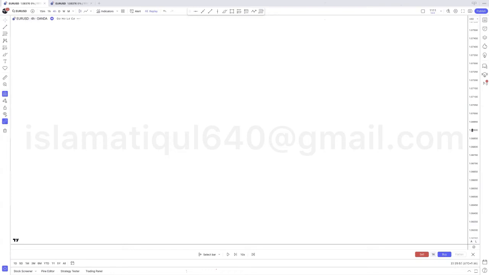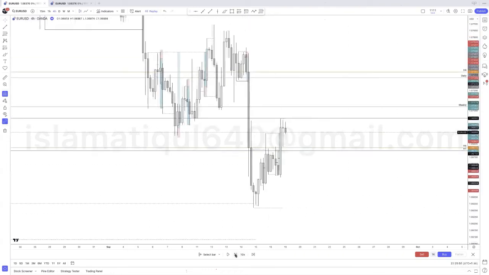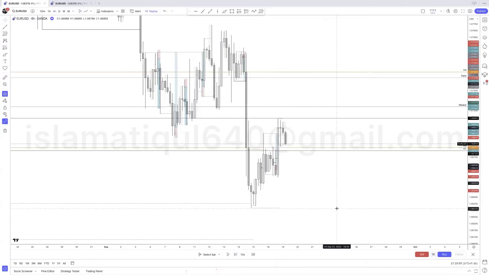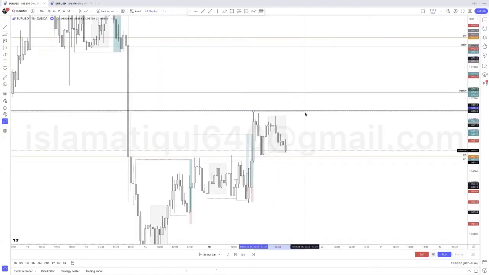So let's wait for Asia to end. Yeah, more liquidity sitting right below our key level, right here. Can you see that? Previous day high and the Asian high. So now we can have more faith in this level to hold.